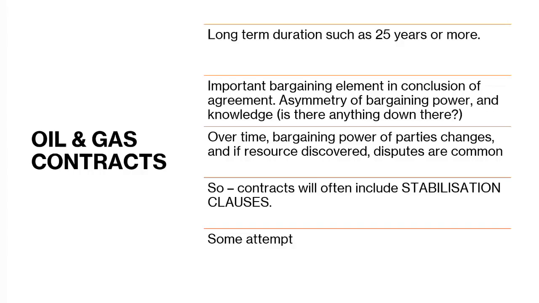If something happens to trigger state action, and the state does something that's economically damaging to the investor, then if damage is caused, the next thing is that the parties will agree to meet at the earliest opportunity and discuss how the arrangement can be returned to the original conditions that the parties met. So you've got an agreement to meet and discuss. The wording might even be to agree.